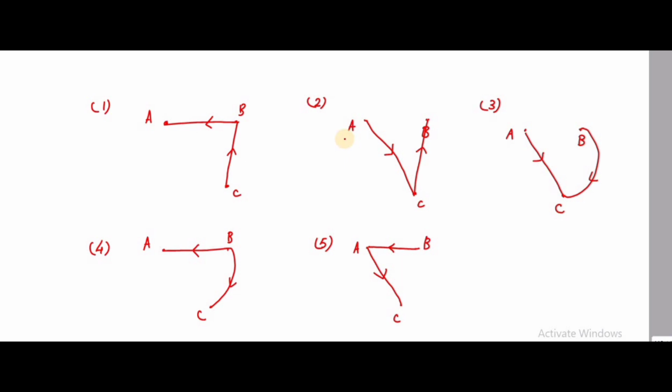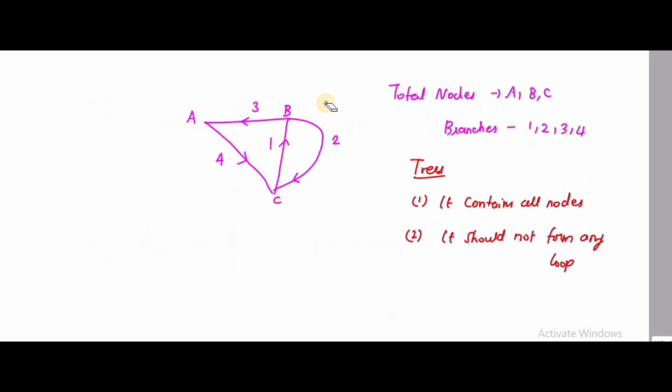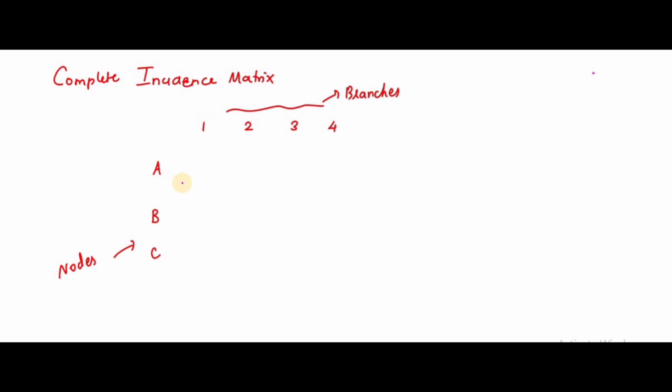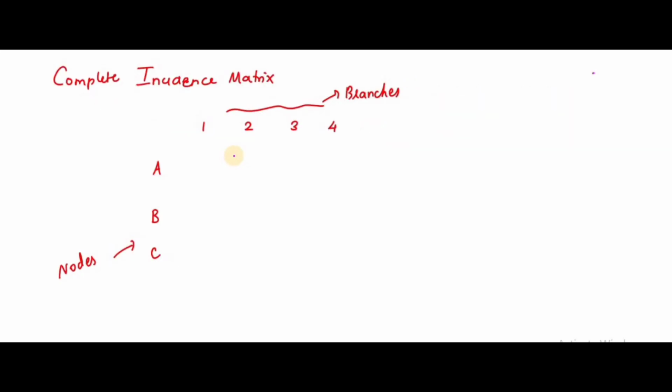Column-wise you write the nodes: A, B, C. For A you check how many branches are incoming and outgoing. For A, branches 3 and 4: 3 is incoming towards A and 4 is outgoing. So for 3 you give -1 and for 4 you give 1.